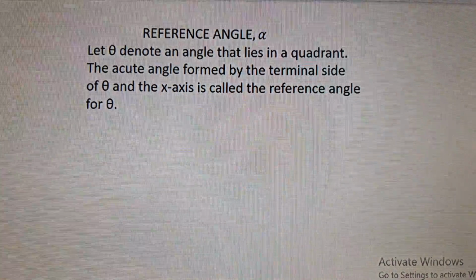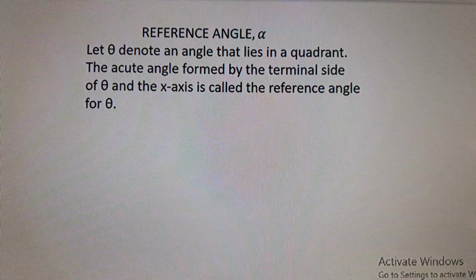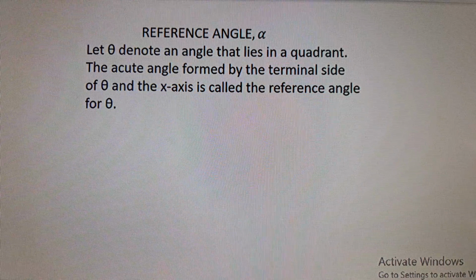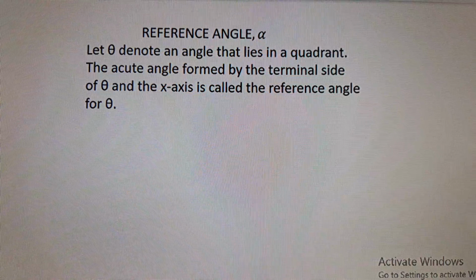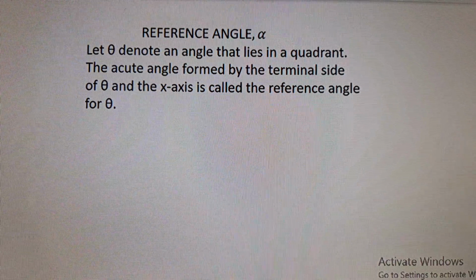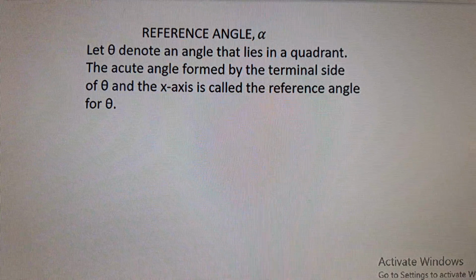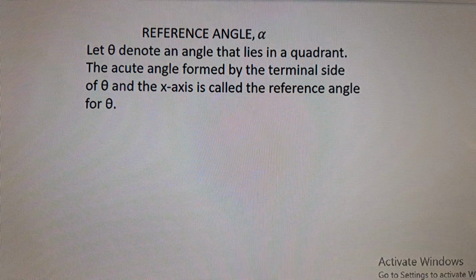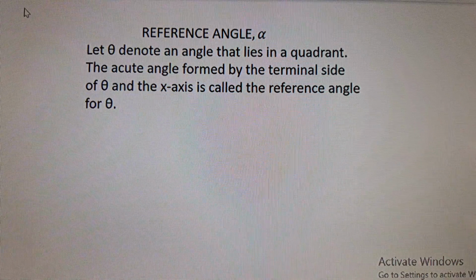So a reference angle alpha. Let's give an example here. Let's say that we have an angle theta, and it lies in a quadrant.